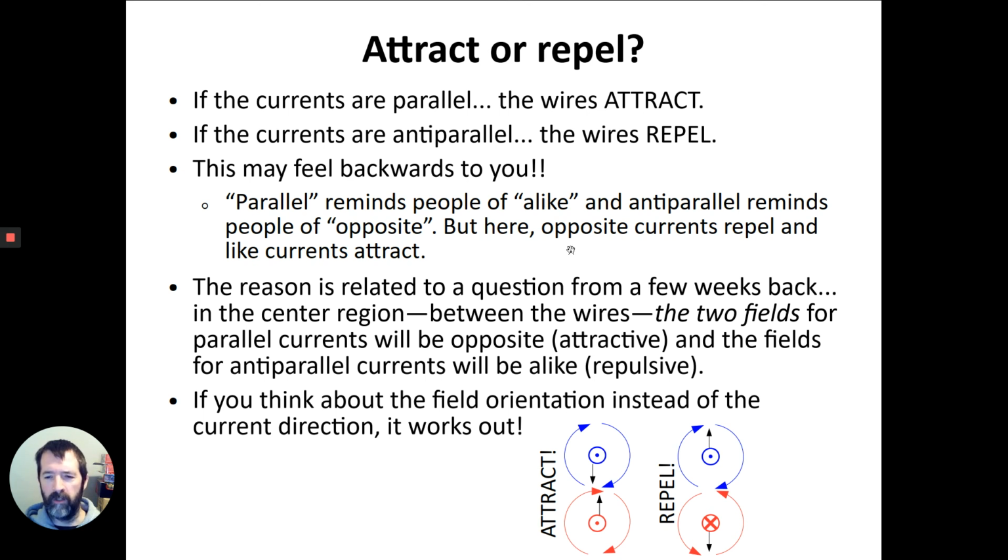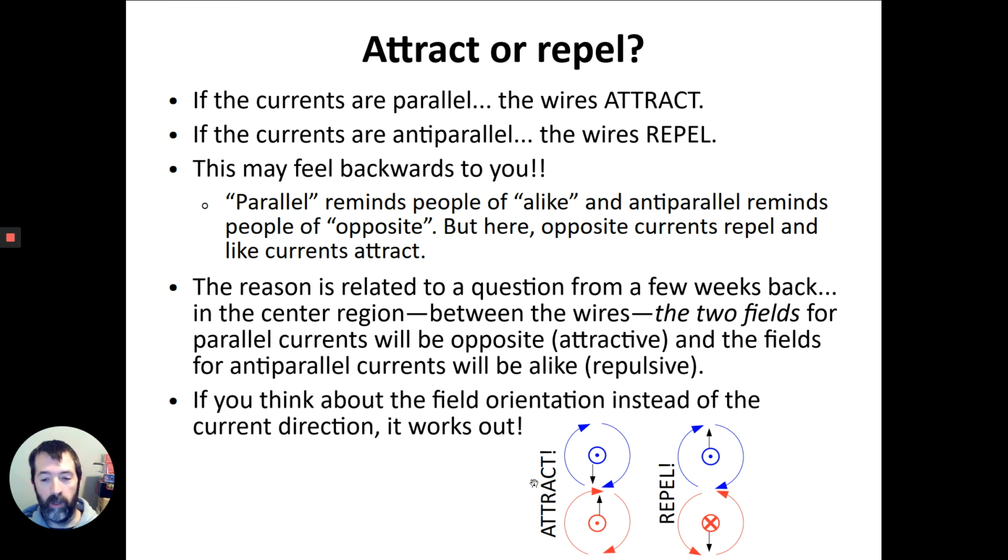What's really going on is that you need to think about the two magnetic fields in the area in between the wires. So I have this diagram at the bottom. In this case, where both of the currents come out of the screen, if you look at the magnetic field in the middle region, those fields are opposites.